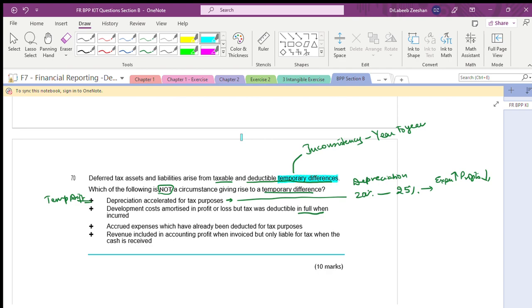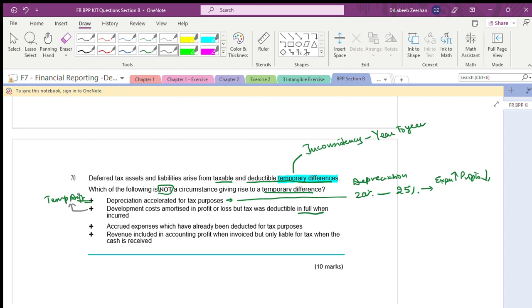If there is consistency, there is no temporary difference. Here also, development cost is amortized in profit and loss account, but tax was deducted in full when it was incurred. This is the source of temporary difference.